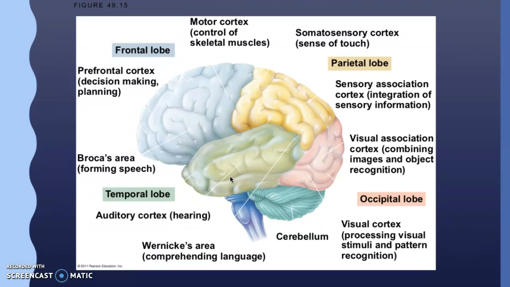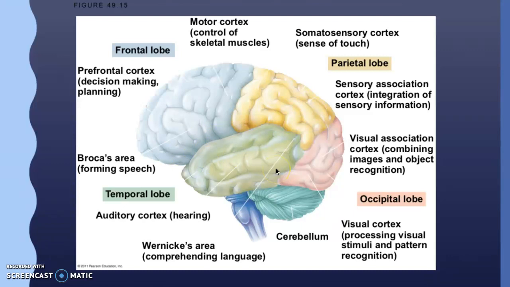Here's what you do need to know: you have different parts of the brain that do different things. For example, in this area here, in the temporal lobe, you have nerves that are responsible for hearing and then interpreting that speech and understanding how language works. So that's kind of on the side.